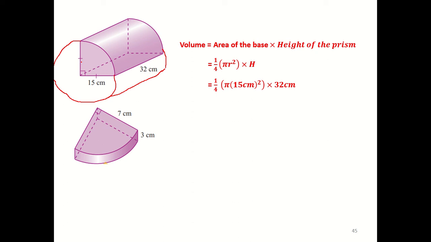It will simply give you 1800 pi. 1800 pi is the same as 5654.87 cubic centimeters.